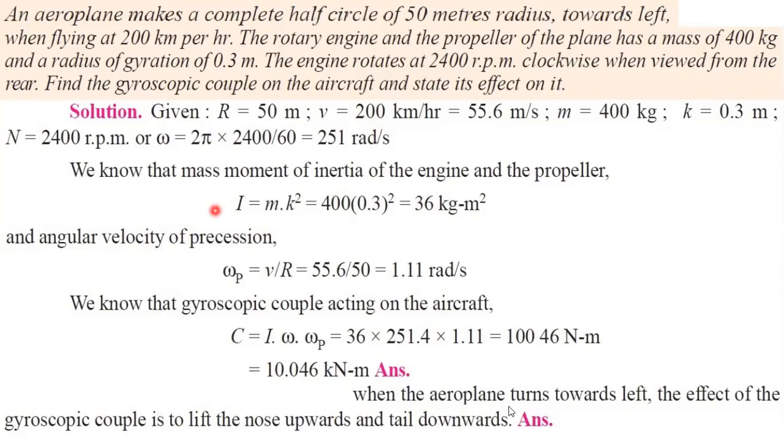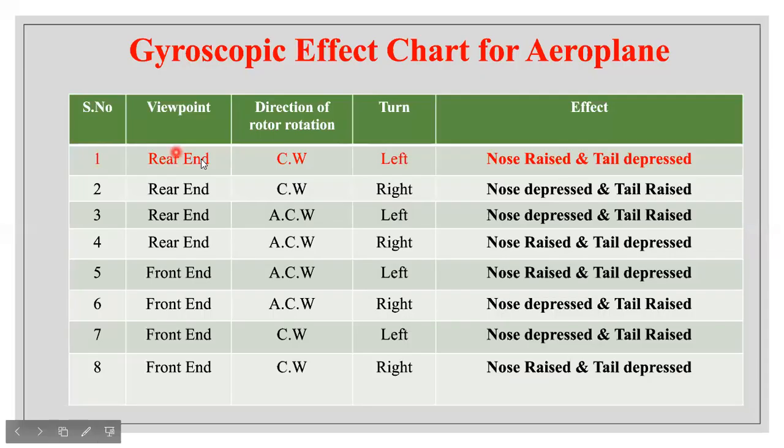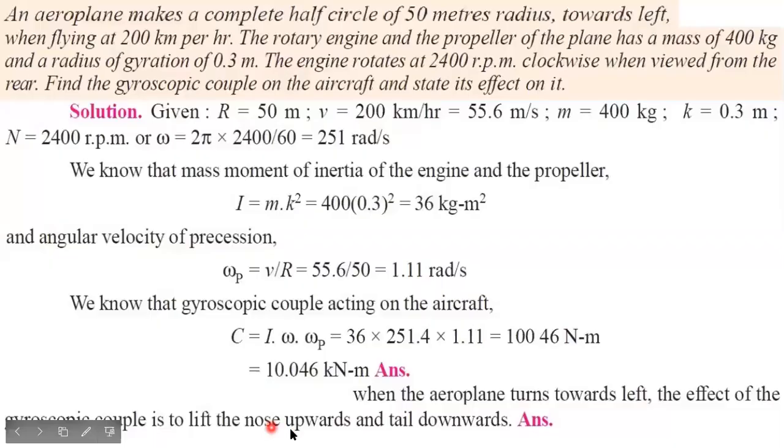So when the aeroplane turns left, what is the effect of the gyroscopic couple? Viewpoint is rear end, direction is clockwise, and the flight is turning left. So automatically nose is raised and tail is depressed. So finally, the effect of the gyroscopic couple is to lift the nose upwards and tail downwards. So nose is raised and tail is lowered.